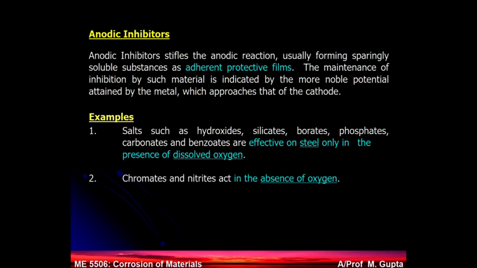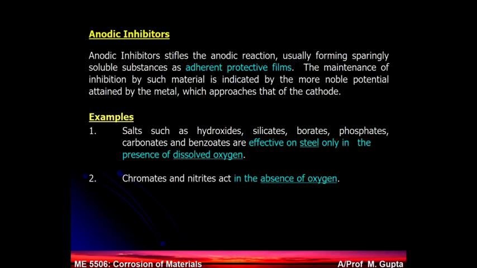Now you see some examples here. These examples are hydroxide, silicate, borate, phosphate, benzoates on steel in the presence of dissolved oxygen. So inhibitors are not used for any kind of material in any kind of environment. You have to know your material and the environmental condition, and you choose accordingly. It's not like one shoe size fits all.